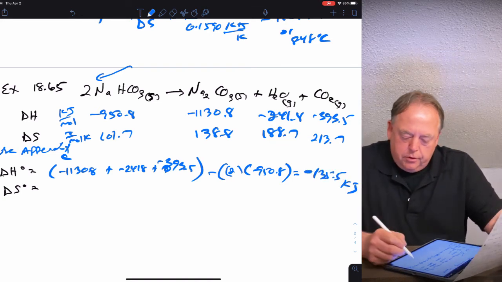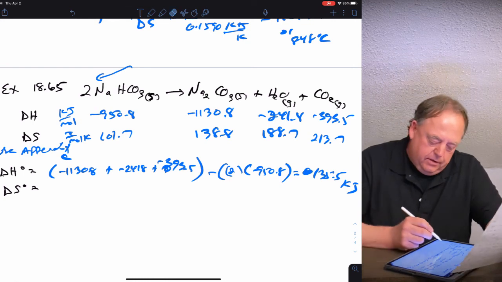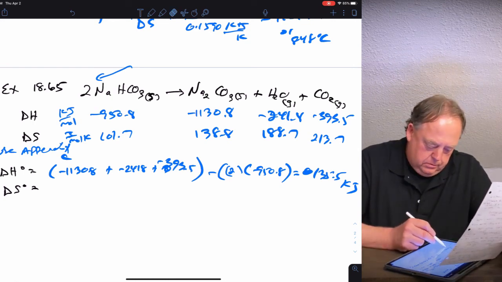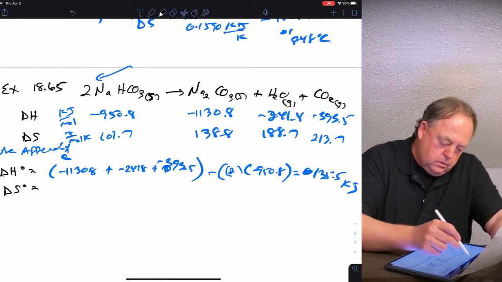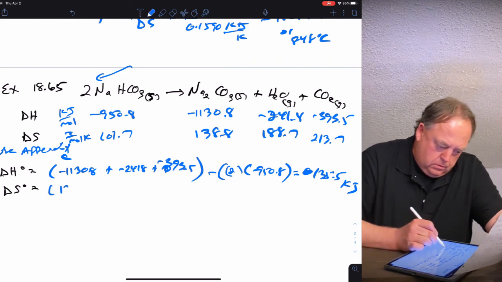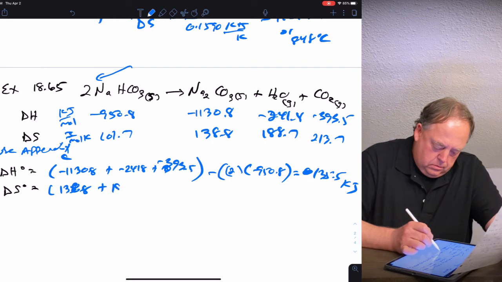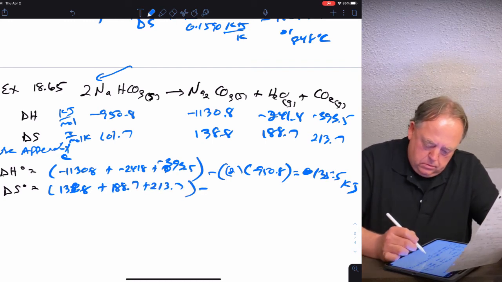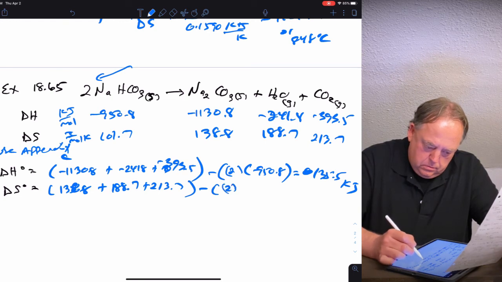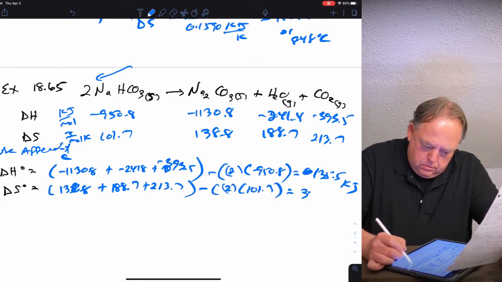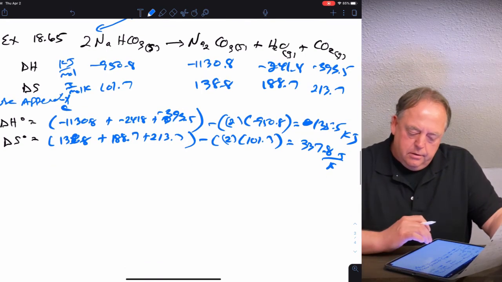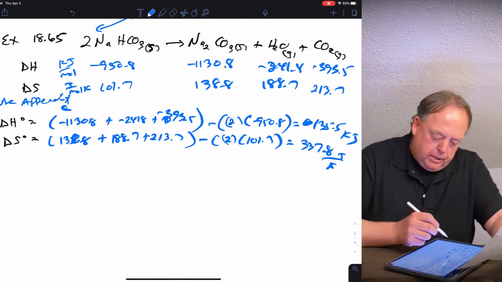So delta H is 135.5 kilojoules, and delta S is 337.8 joules per Kelvin.